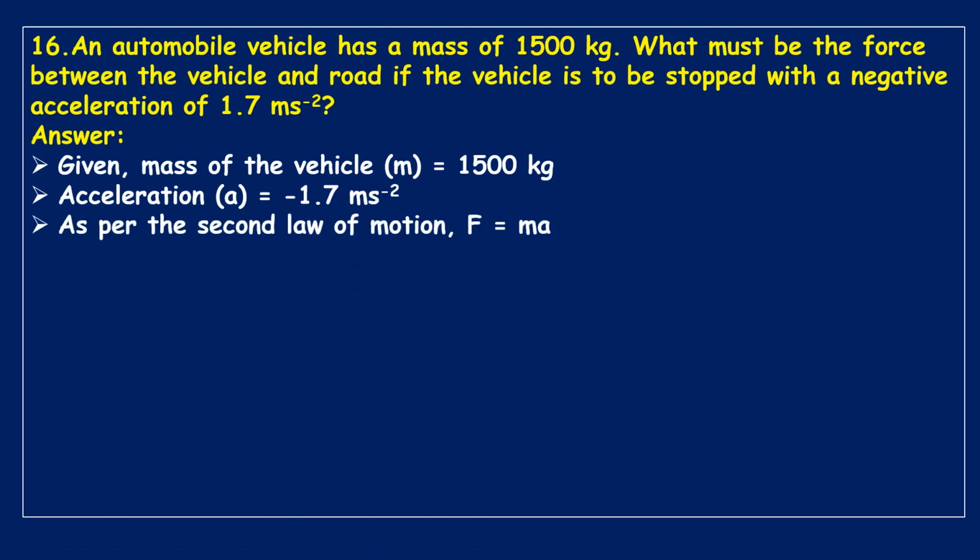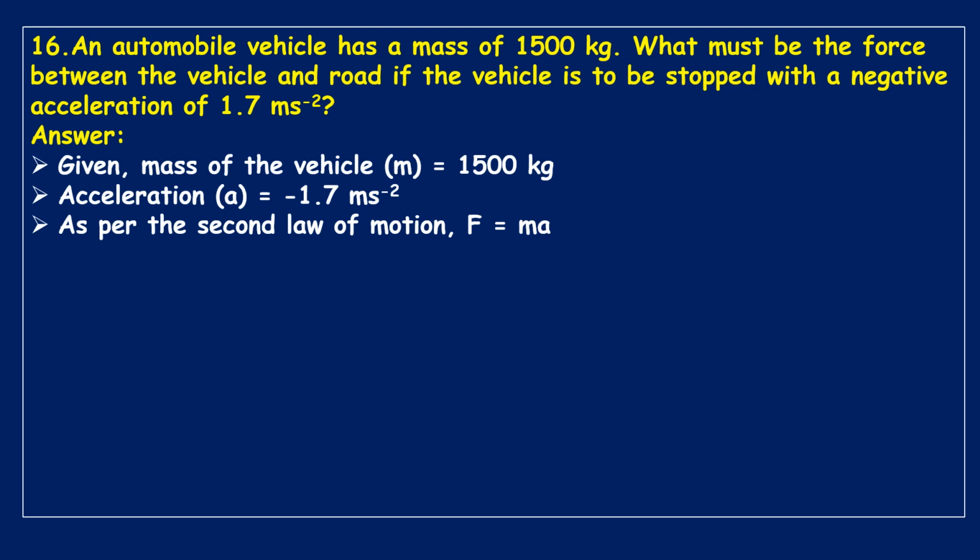As per the second law of motion, mass is given, acceleration is given. Newton's second law says F equal to ma. So three physical quantities are involved: mass, force and acceleration. Out of these three, force should be calculated.